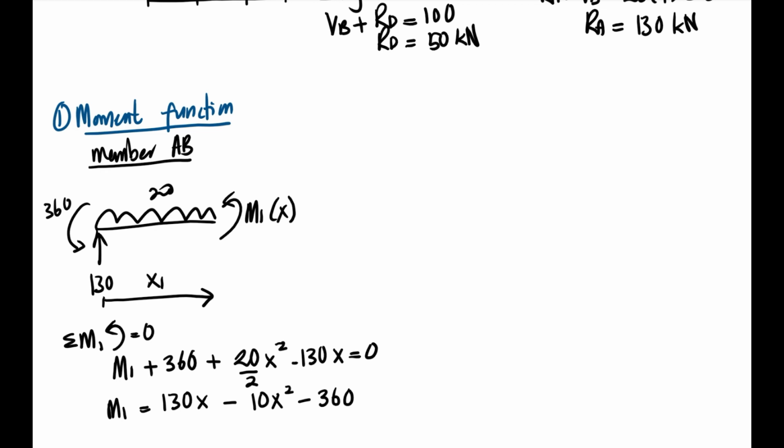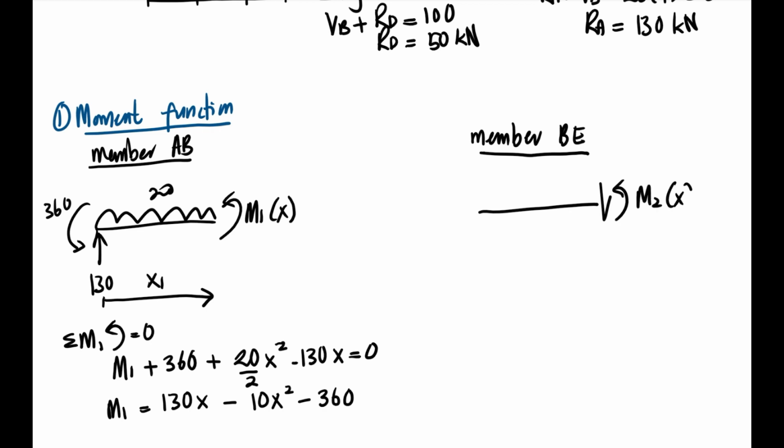Okay, the next one is member BE. So, for member BE, I cut off a section. We need to find M2.